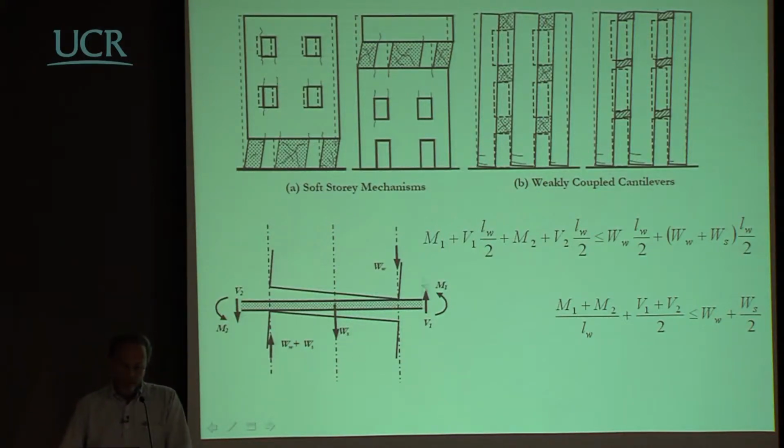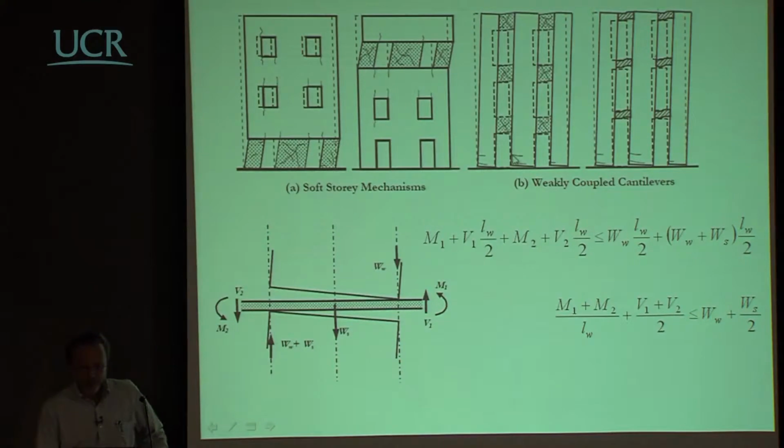Well, it's not difficult to write this sort of equilibrium, and this sort of equilibrium can be written in this configuration, and you see here what happens. You have all the ingredients, the two moments here, the two shear values here, and the two weights of the floor and of the upper wall.